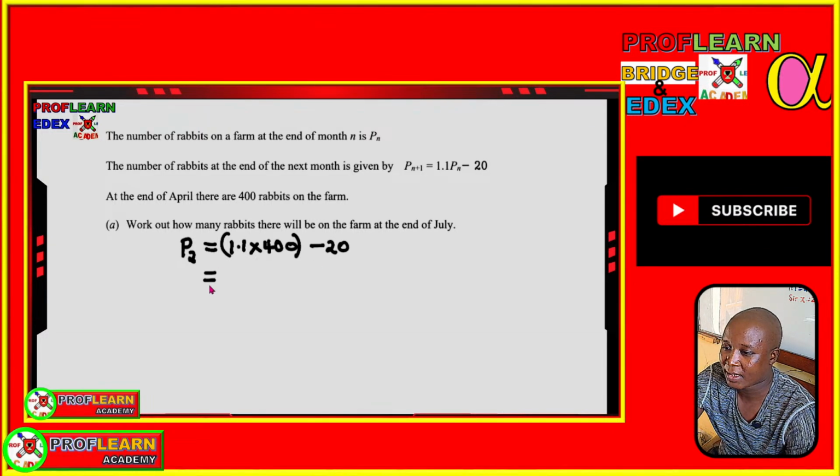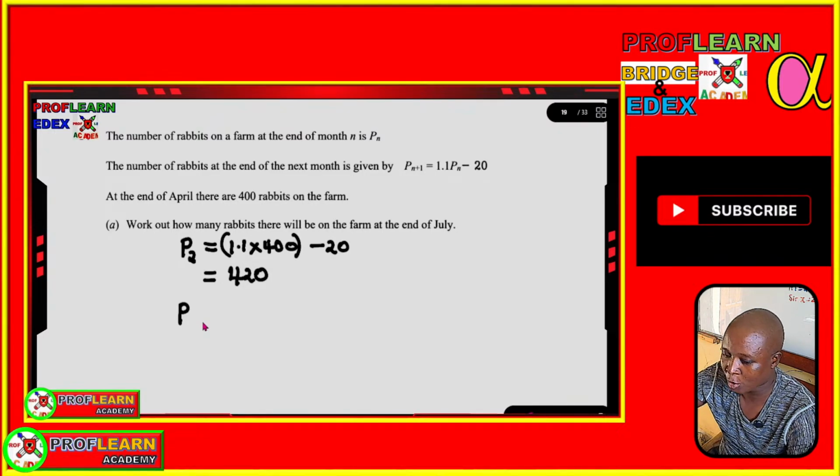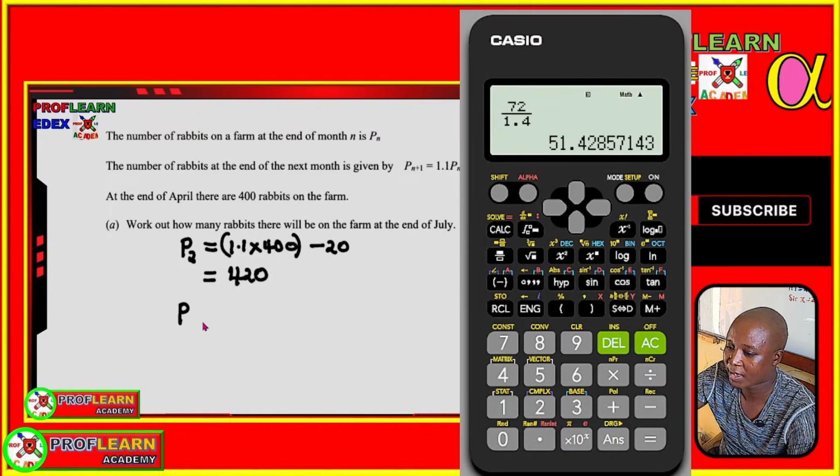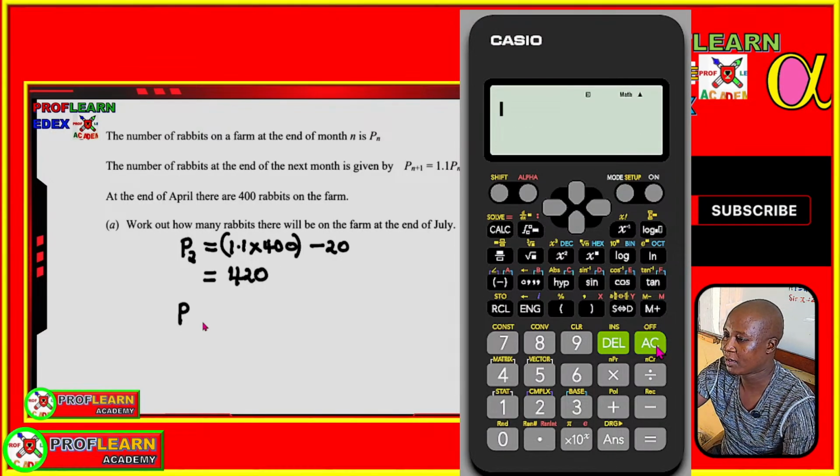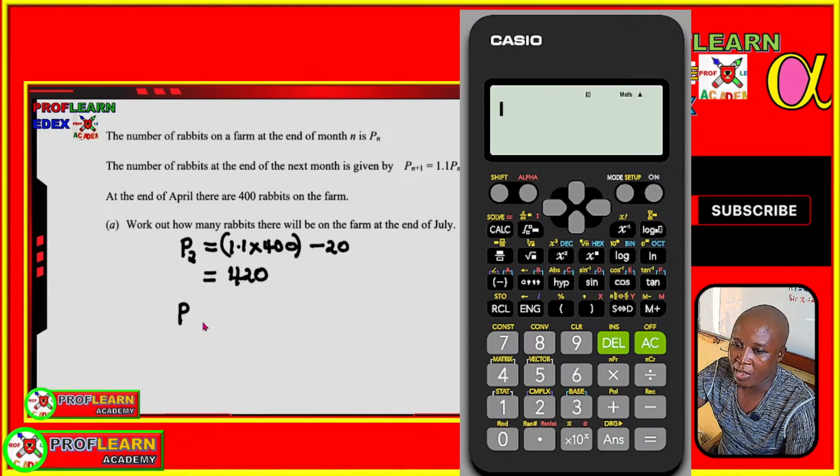If you put that in the calculator, how do you put that in your calculator? Let me show you how you should be putting this information whenever you are doing this question, so that you don't have to keep on inputting now and again. Remember, we have been told the initial is 400. So we write 400 in our calculator and then press the equal sign.